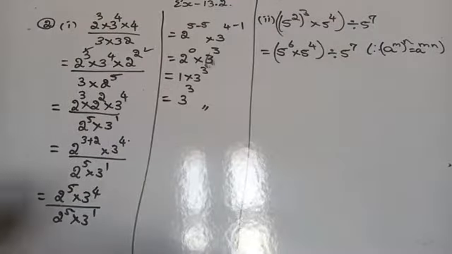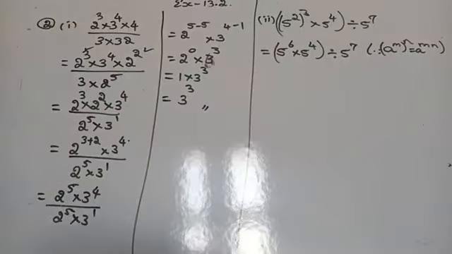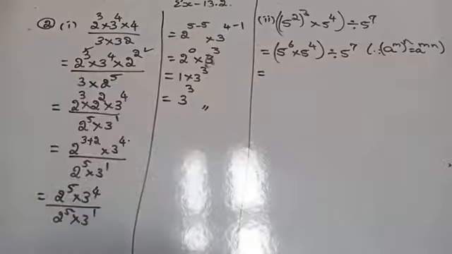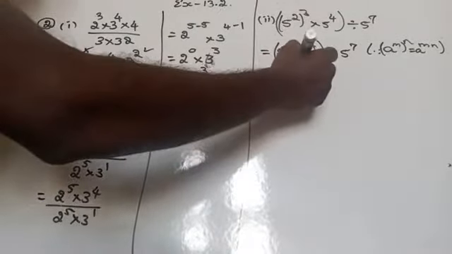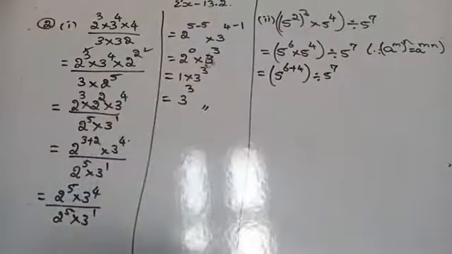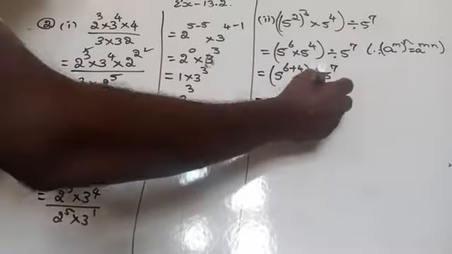Since a power m the whole power n is nothing but a to the power mn. Now a power m into a power n is a to the power m plus n. That means 5 to the power 6 plus 4 divided by 5 power 7, that means 5 to the power 10 divided by 5 to the power 7.